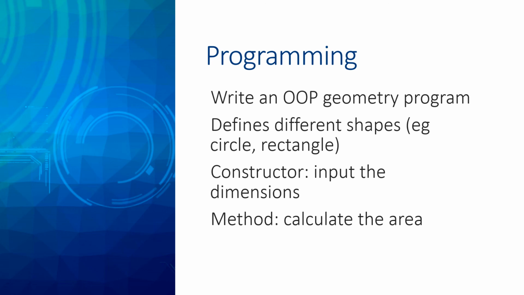So define the geometric shapes. Just do circle and rectangle if you haven't got very much time. And then write a method within each class to calculate and print out the area of the object. And obviously those methods will be different for the 2 types of object. And then, hey presto, you've done a bit of polymorphism.